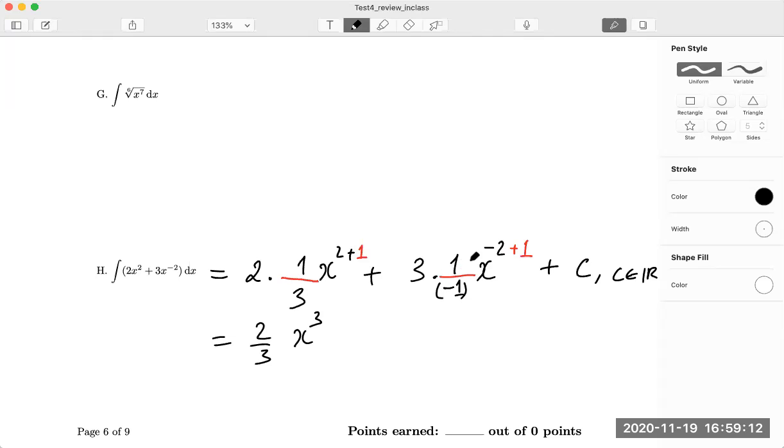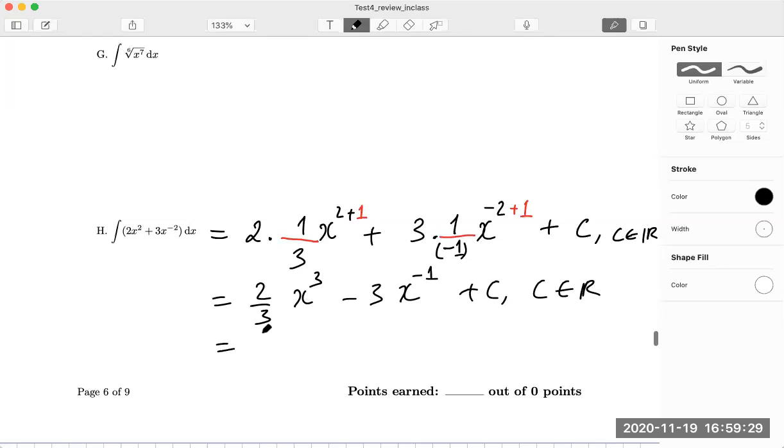This multiplied by 1 is 3, divided by -1 gives us -3 x to the -1, plus c, right? In the test, I'm okay with writing x to the -1, or you can write it as 1/x. They're the same. That's it. Okay.